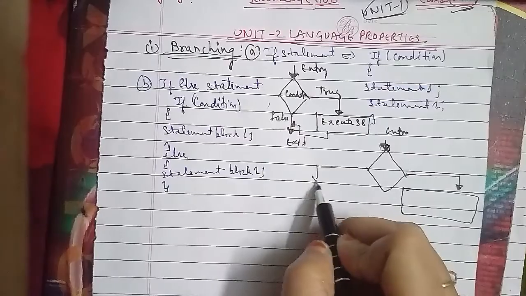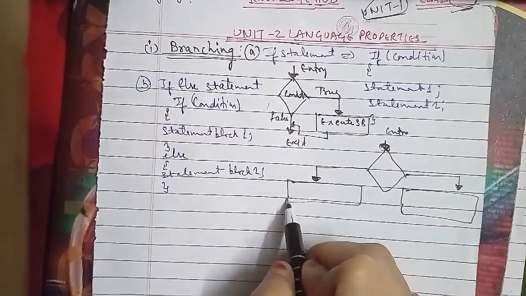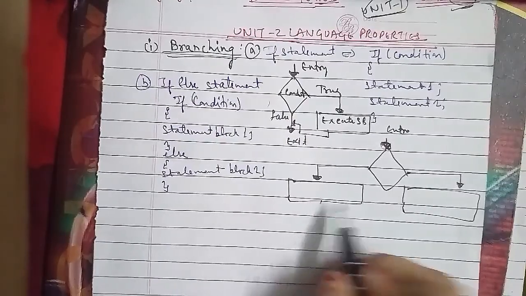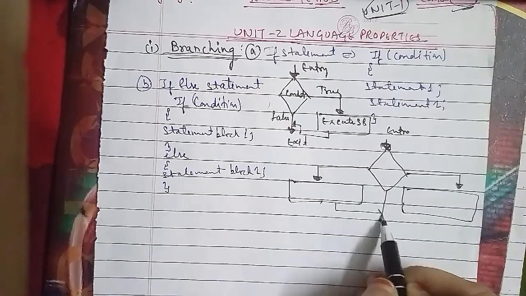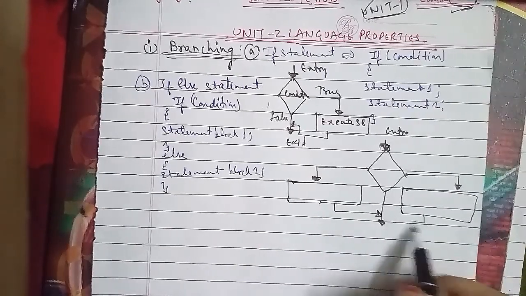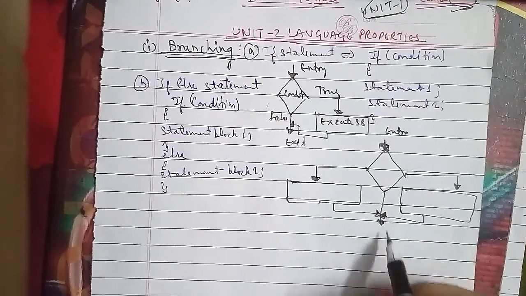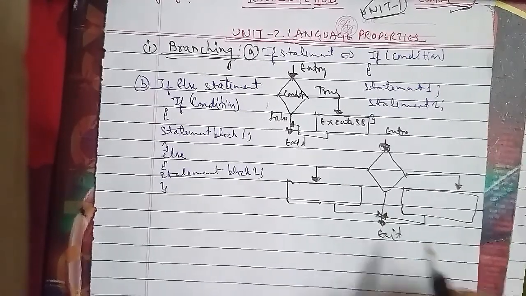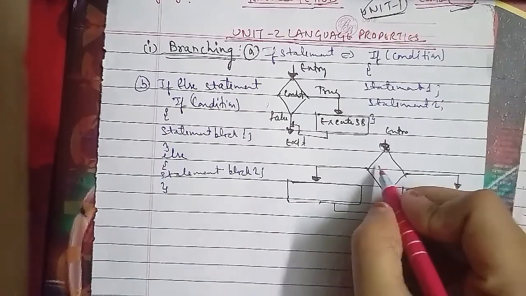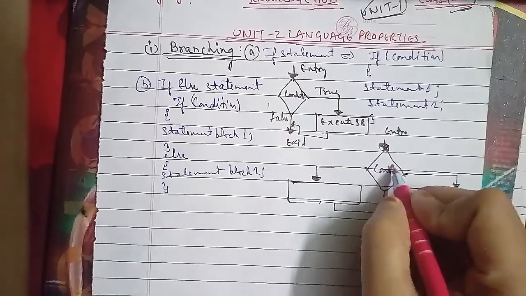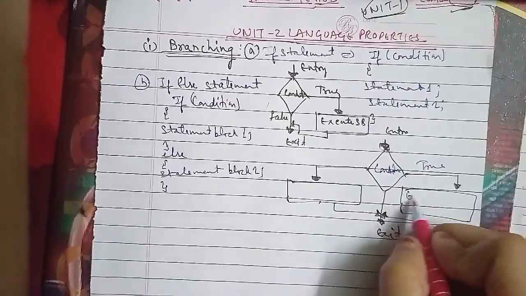So in this reference, we have an entry, and then they face the condition. If it is true, then they execute statement block 1, and if it is false, then execute statement block 2.